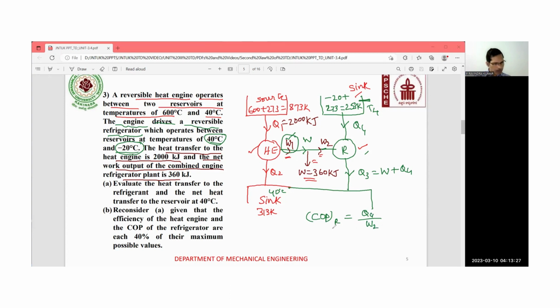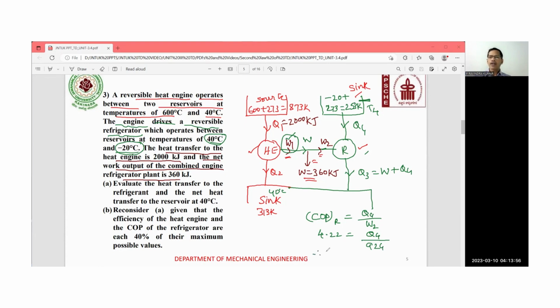The COP of the refrigerator is 4.22, that is equal to Q4 you have to find out, and W2 you have got as 924.